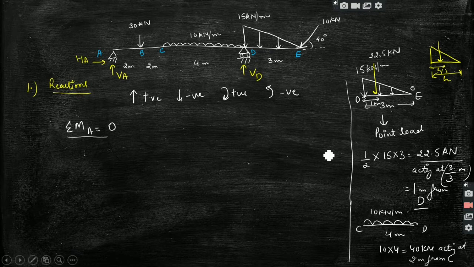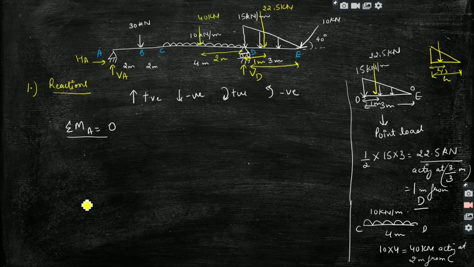So now for solving, I will take these forces. Here I will take the 22.5 kilonewton force acting at 1 meter from D, where the whole length is 3 meters. And this is the 40 kilonewton force, acting at 2 meters from C and also from D.